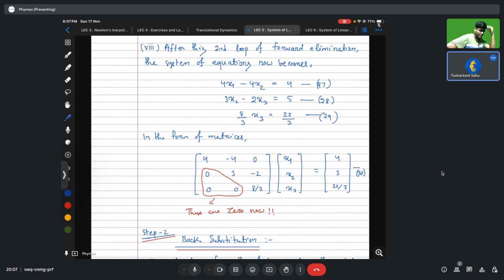Yes, when these diagonal elements are 0, then this method will not be suitable to solve the equations, right? Or the x1, x2, and x3 values. Why? So why this diagonal value? If this diagonal value is 0, then it is not suitable.